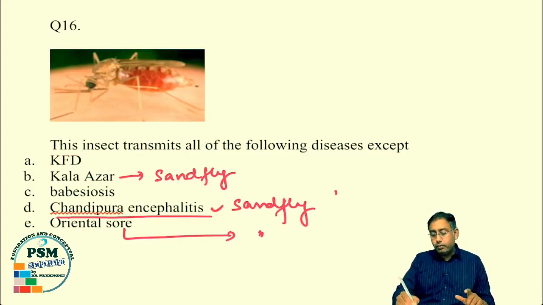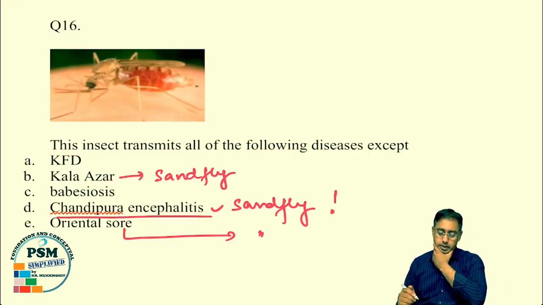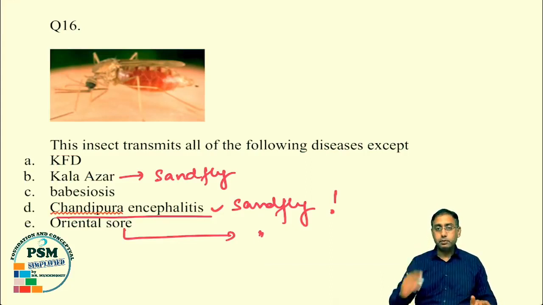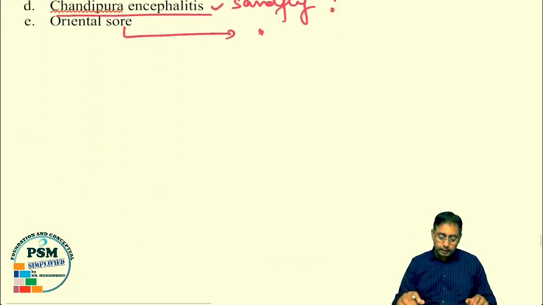So that is something new for students to learn. This was a new inclusion in the AIIMS paper, that Chandipura encephalitis was a new question for us all. So that was one option which you can remember, right?